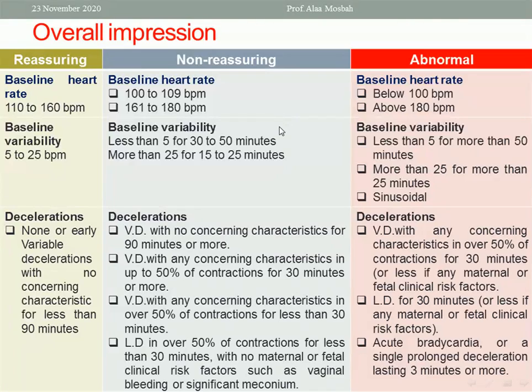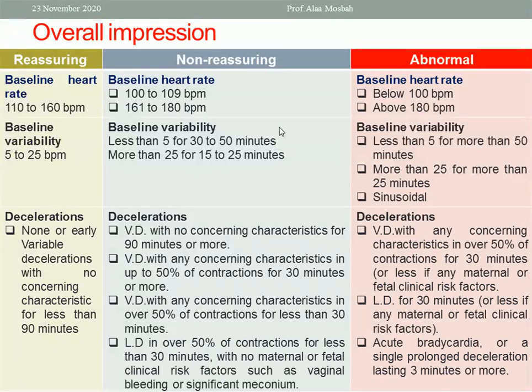The non-reassuring or suspicious one: the basal fetal heart rate is between 100 to 109 beats per minute, or 161 to 180 beats per minute. What about the baseline variability or beat-to-beat variability?